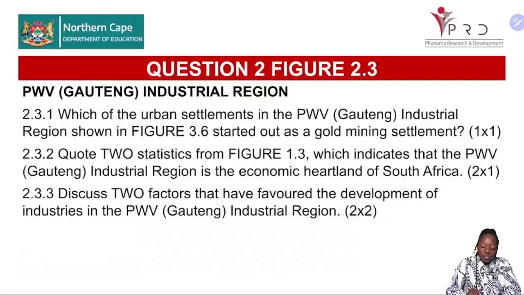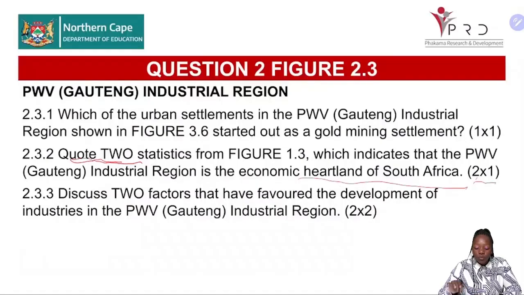So you are quoting 2 statistics. Remember, again, as we've said, you need to learn to underline the keywords so that you can see how you're going to structure your answers. So you quote 2 statistics from figure 1.3 which indicate that the PWV Gauteng industrial region is the economic heartland of South Africa.